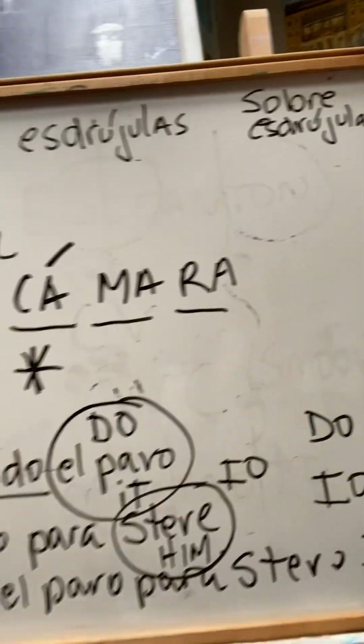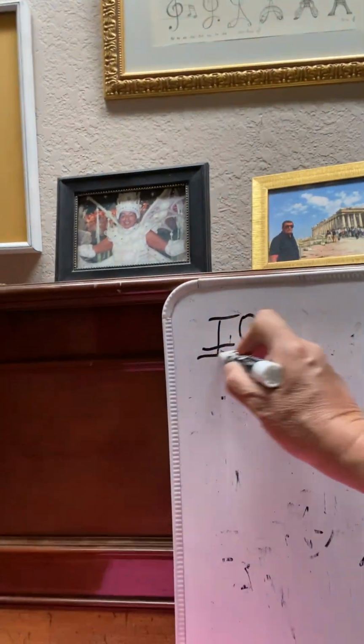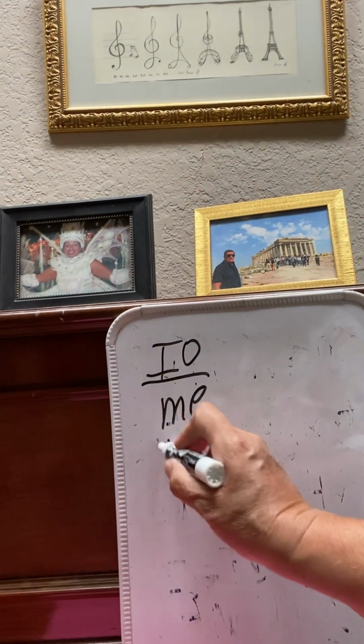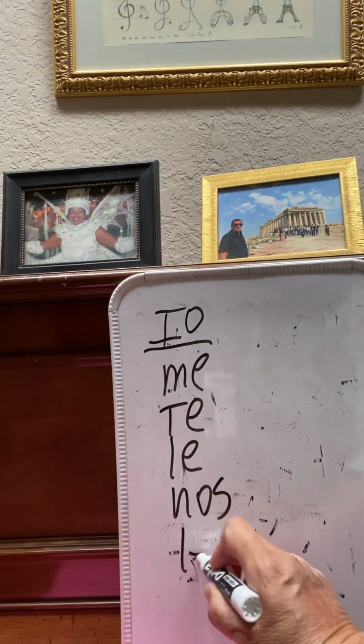So now, let's look for a minute at what the indirect and direct object pronouns in Spanish are. And you probably have seen them already. They look very much like the pronouns of the reflexive verbs. So the indirect object pronouns will be me, te, le, nos, and les.